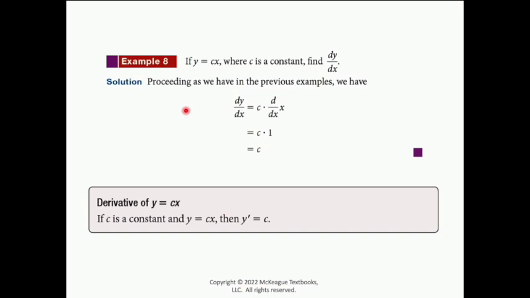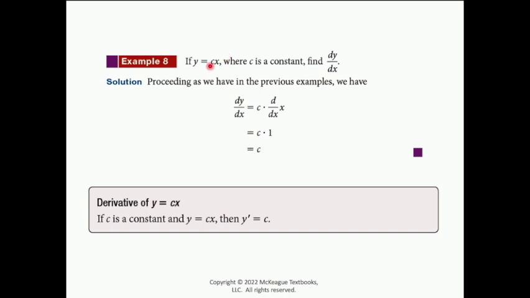Here is another variation of that idea. If I take the derivative of a constant times x, that is going to be the same thing as finding the derivative of x and then multiplying by c. And another way to look at it is if I have c times x to the power of 1, the 1 comes down in front, so I'm left with 1 times c in front, and then I have to decrease that exponent, which is 1, by 1.